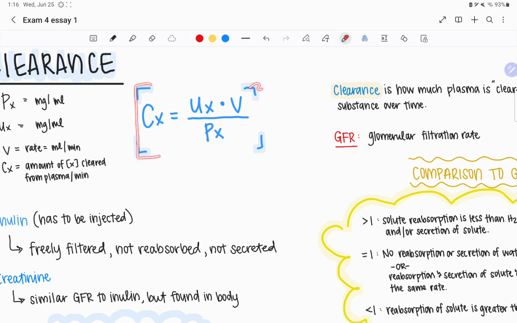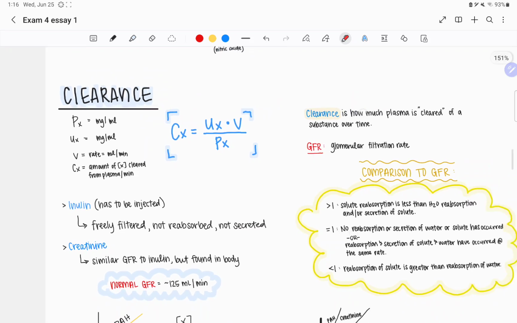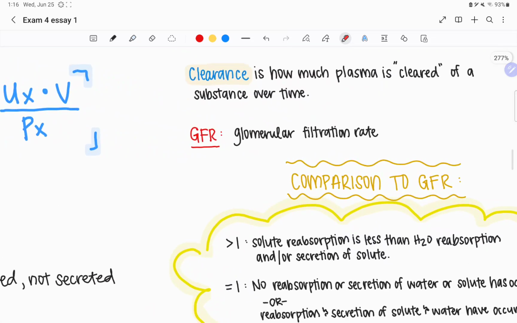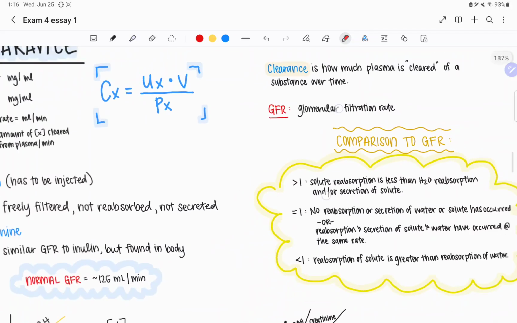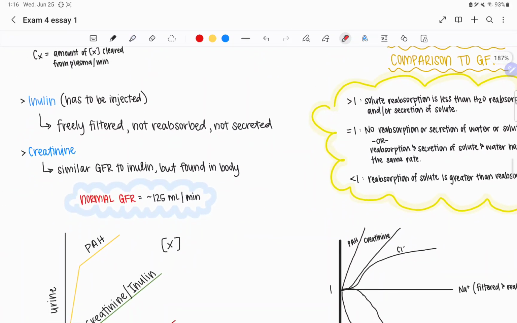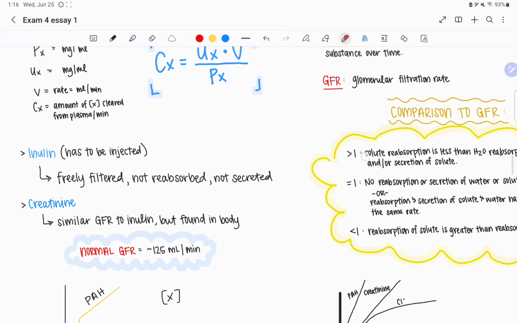So this is what people will use to figure out the clearance of a substance. Now the GFR is the glomerular filtration rate. So how much is being filtered per minute? Normal GFR is about 125 milliliters per minute. That's a pretty normal GFR.